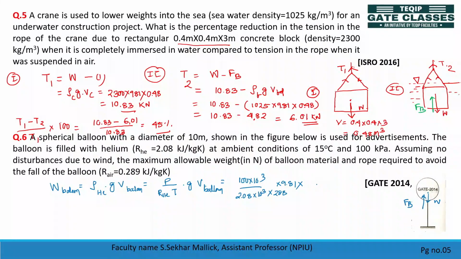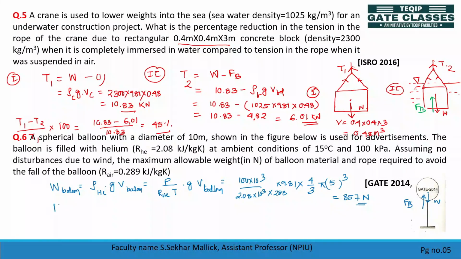Volume of balloon is how much? It's a spherical volume, so 4 by 3 pi r cube, 4 by 3 pi. Diameter is 10, so radius is 5. Tell me its answer. Weight of balloon, how much you are getting? Is it coming 857 Newton? Check. This much weight of balloon.